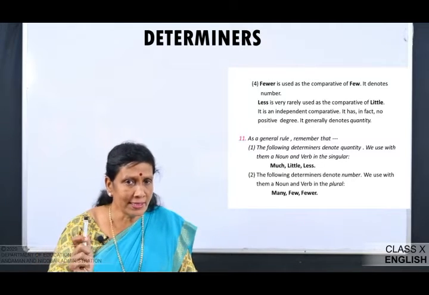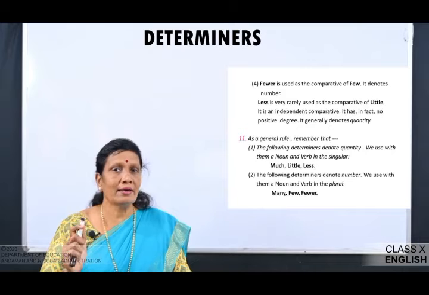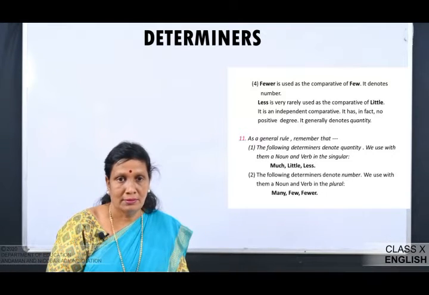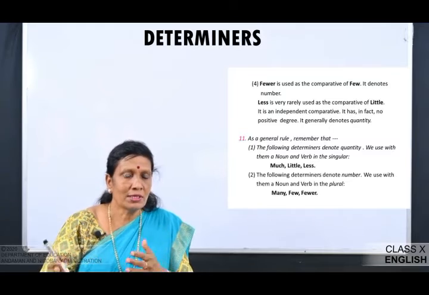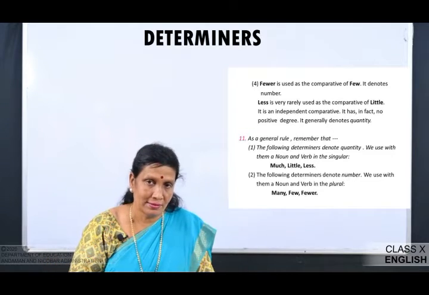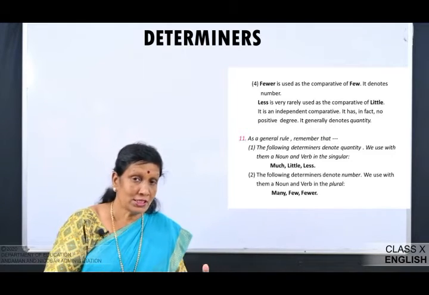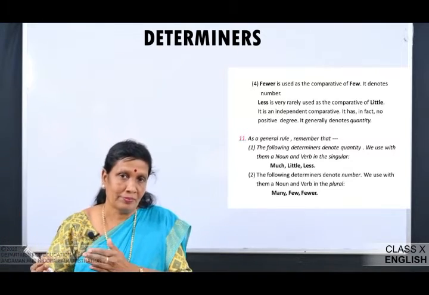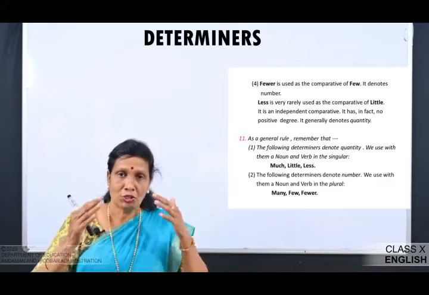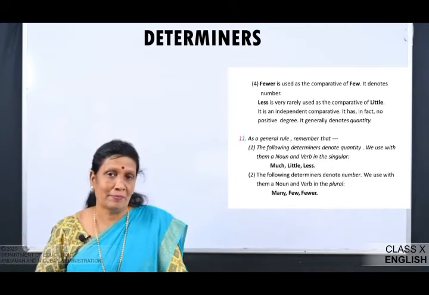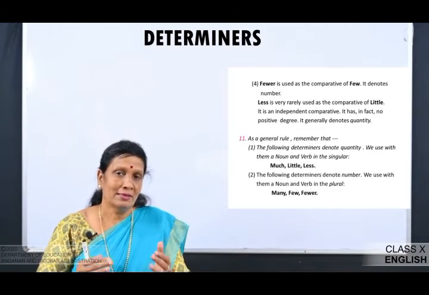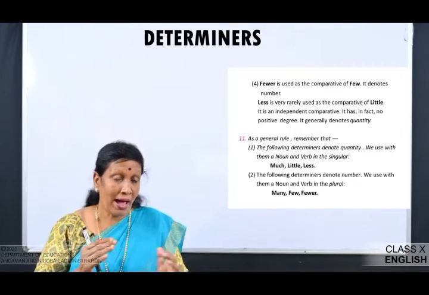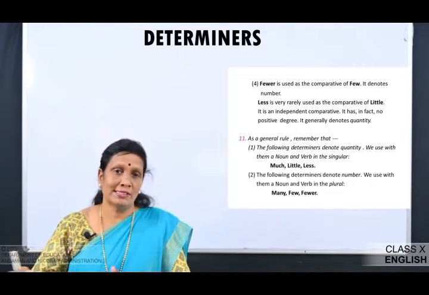Now, fewer is used as the comparative of few. It denotes number. You have also read about comparing the adjectives: the positive, the comparative and the superlative degree. Tall, taller, tallest. Good, better, best. Bad, worse, worst.